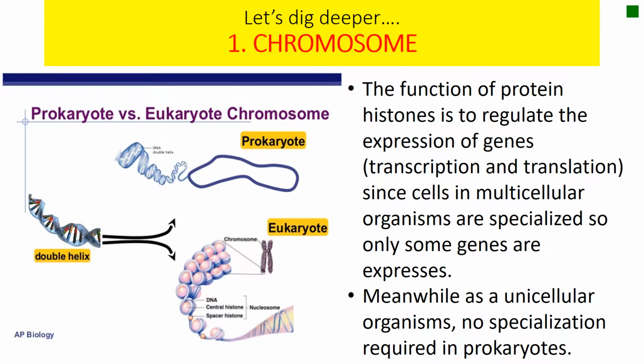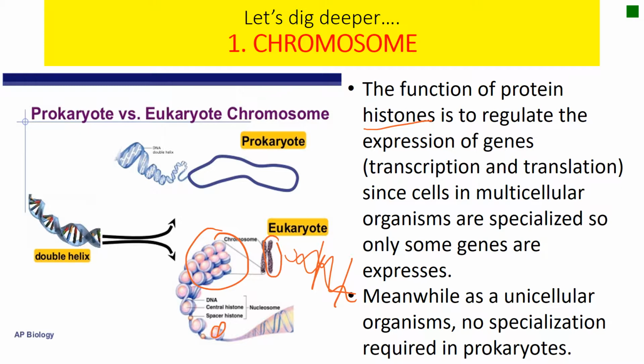The reason why it must have the protein coiled with the DNA is because the histone's function is to regulate expression of genes. Now, if you see, a chromosome is made of a long strand of DNA, and only some parts of the DNA have genes.